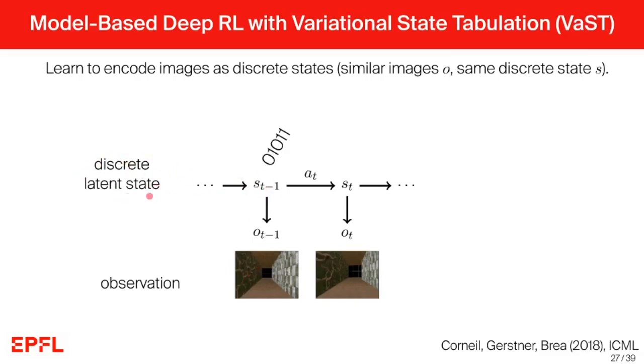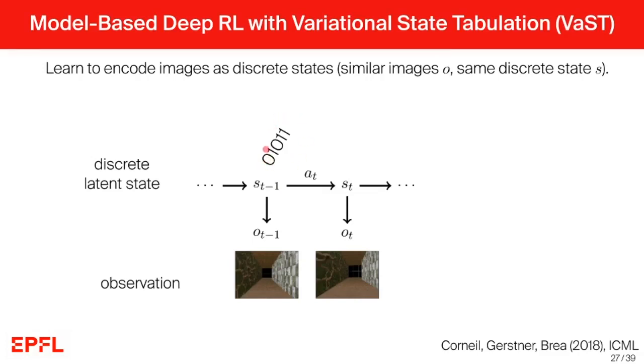We call it a discrete latent state because it's not directly observed, but this being at the beginning of a corridor can be seen as the actual state that the agent is in. And we encode this state with a binary vector, actually.